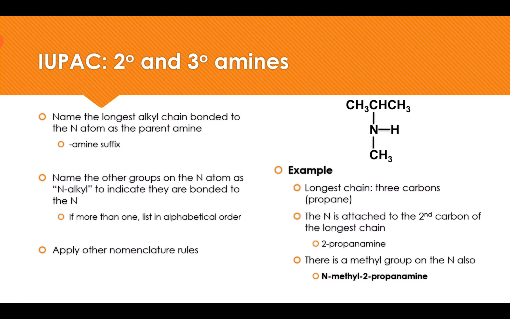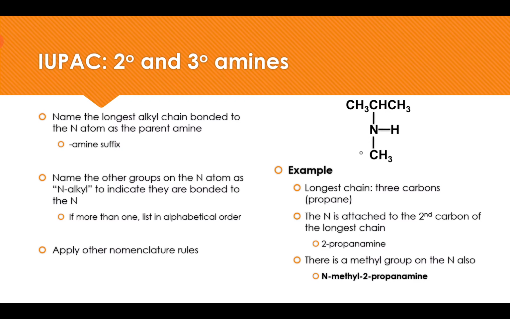For secondary and tertiary amines, we follow similar rules to our primary amine, meaning that we are trying to name the parent chain and then substituents off of it. However, secondary and tertiary amines have more than 1 carbon chain connected to the nitrogen. You're going to be picking the longest carbon chain that's attached to the nitrogen for your parent name.